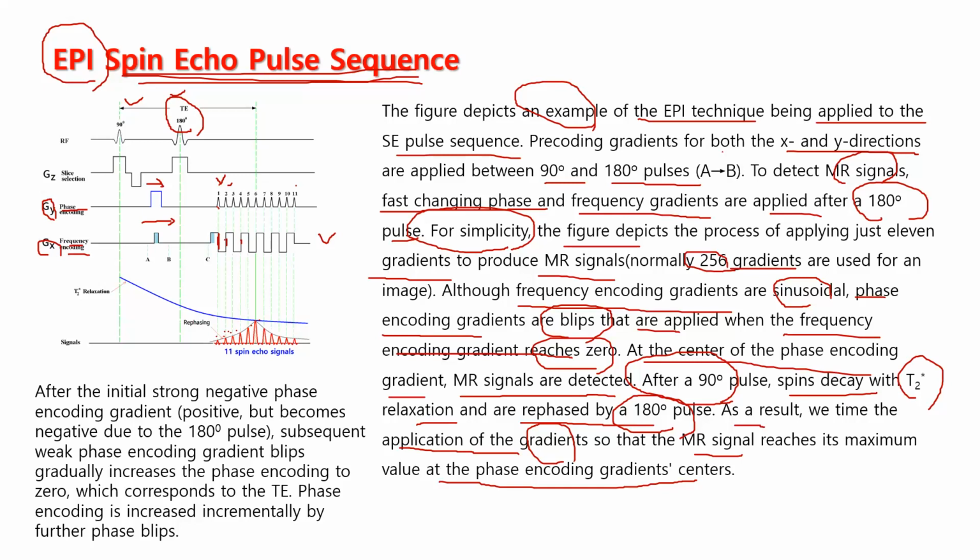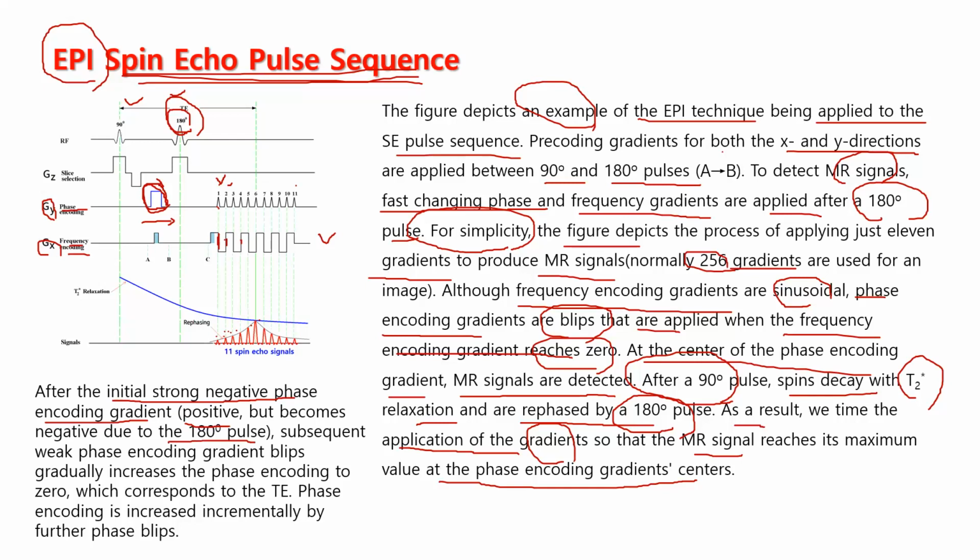After the initial strong negative phase encoding gradient, this phase encoding gradient, the largest, will become negative due to the 180-degree pulse. In this figure, the phase encoding gradient is positive, but becomes negative due to the 180-degree pulse.